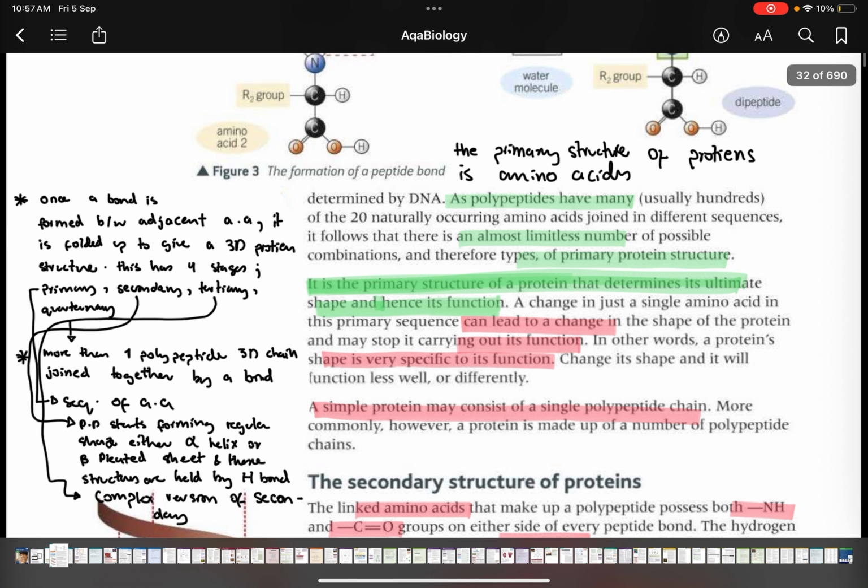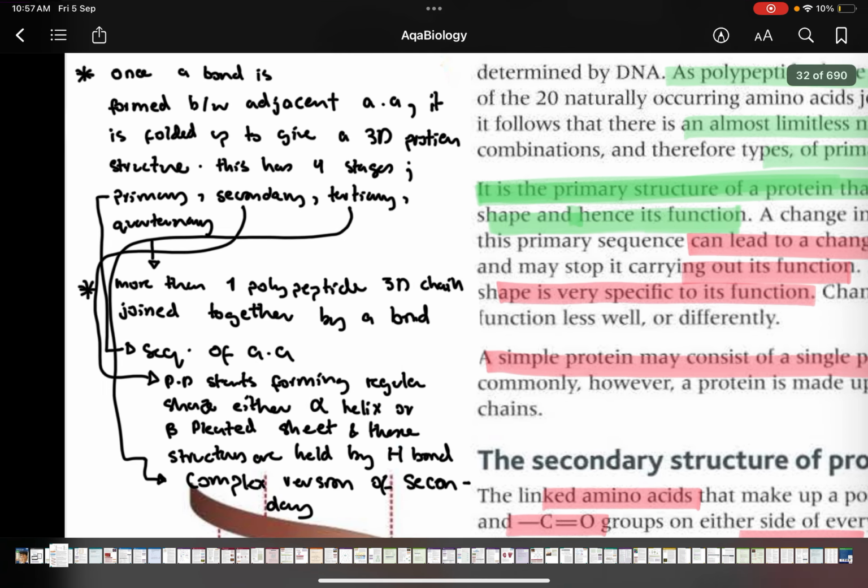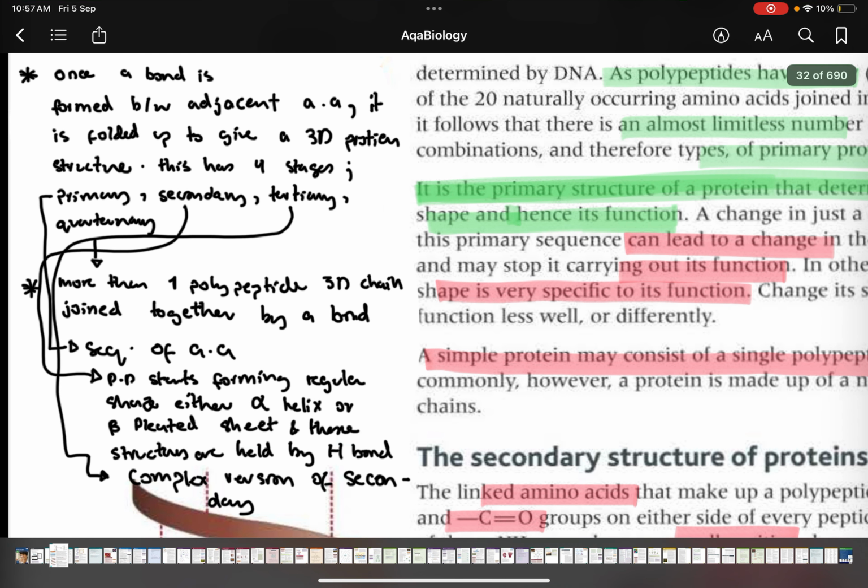Now, polypeptides. So the primary structure of proteins is essentially just amino acids. Once a bond is formed between adjacent amino acids, and I've made a couple of notes in the margins, the chain is folded up to give a 3D protein structure, and this has 4 stages: primary, secondary, tertiary, and quaternary.